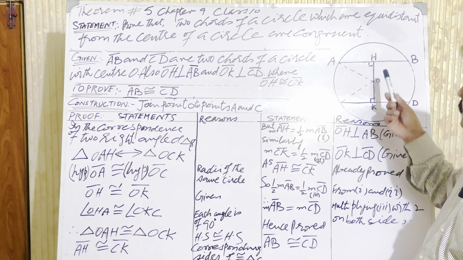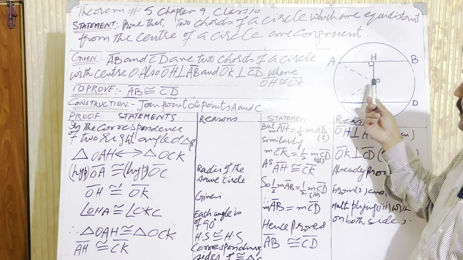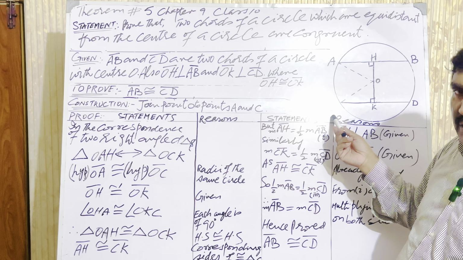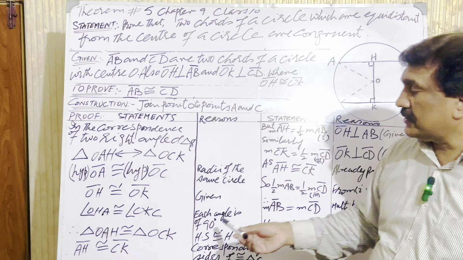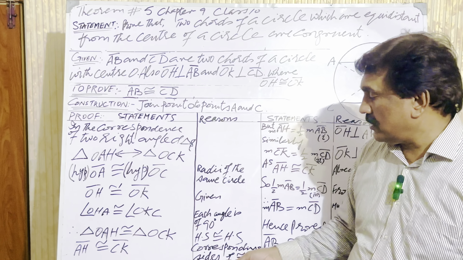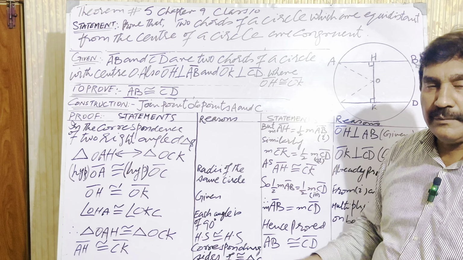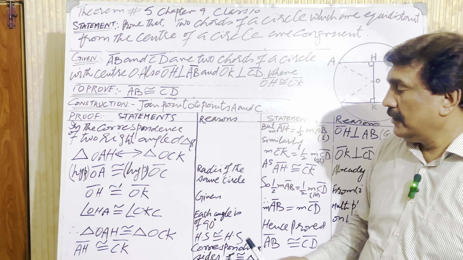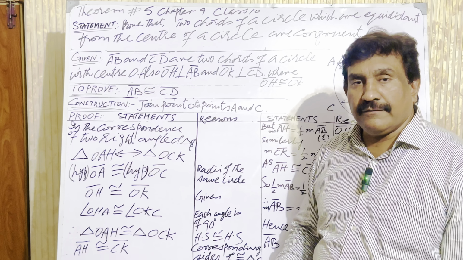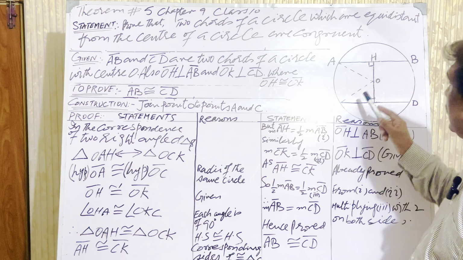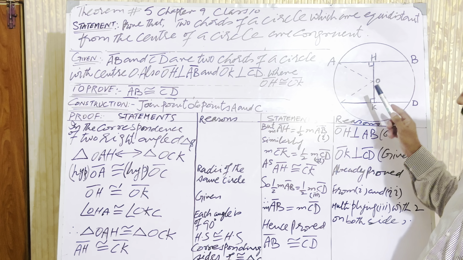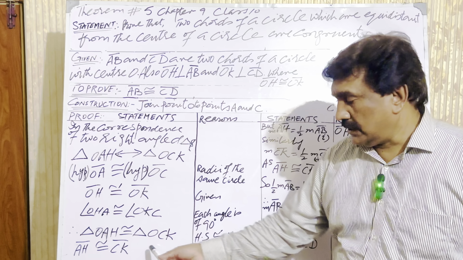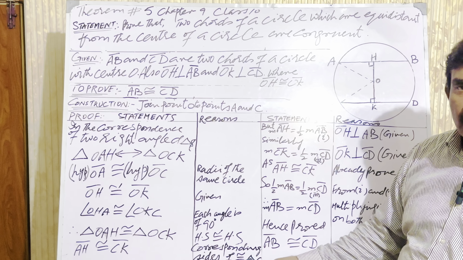Now we have two right-angle triangles in which the hypotenuses are congruent to each other, and at the same time this side is congruent to this side. So these triangles will be congruent to each other according to the HS postulate. Previously also explained: when two triangles are congruent, everything in them will be congruent. So we are interested in AH congruent to CK, corresponding sides of congruent triangles.